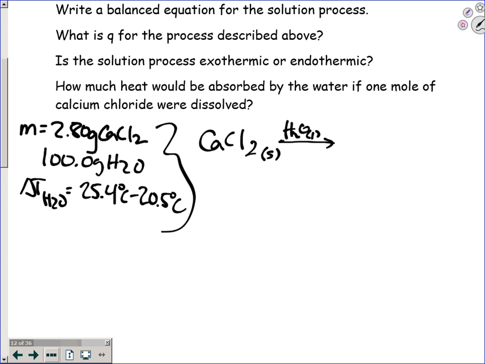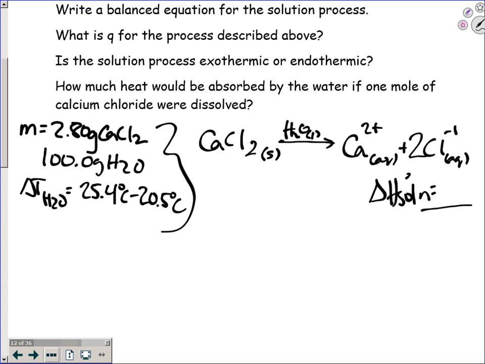And then what does it make in the solution process? 2 ions, right? Aqueous, and how many? 2 chloride ions. A lot of people got that wrong when they had a question like this on the AP exam because they put the equation 2. Okay, I know that I'm going to have to put a delta H solution over here someplace, so it represents the thermochemical process. I'm just going to leave some space for that.